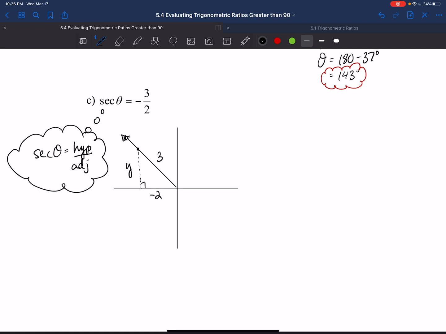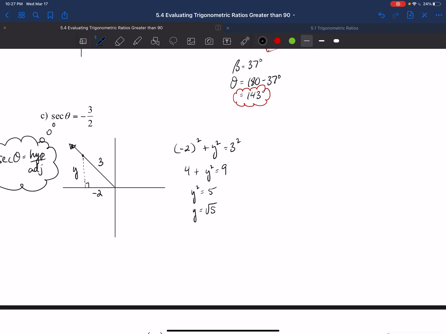We don't know the letter y. So we're going to solve for y. So y is root 5, and I'm leaving it as an exact value.